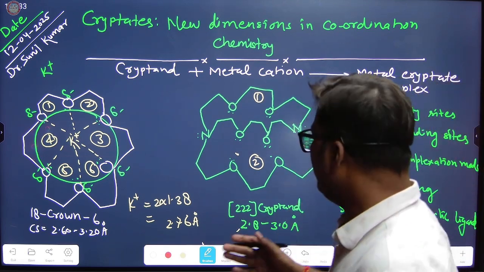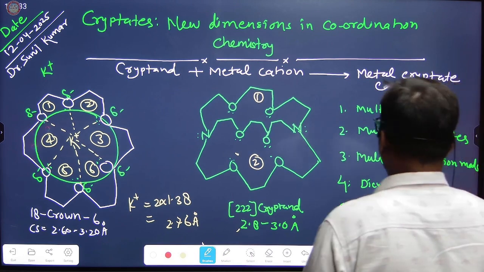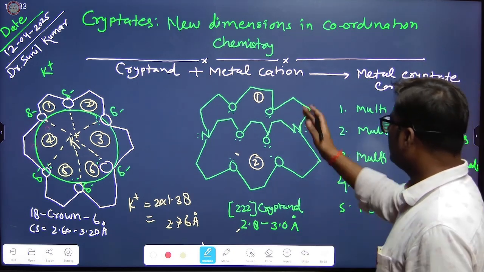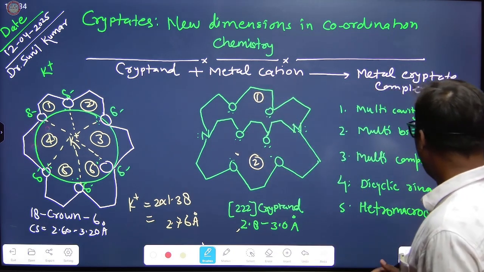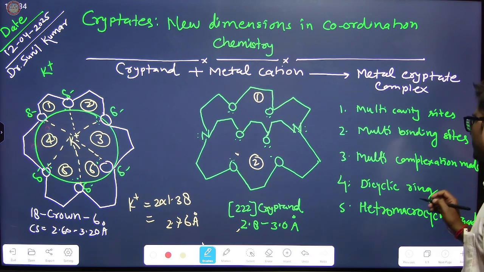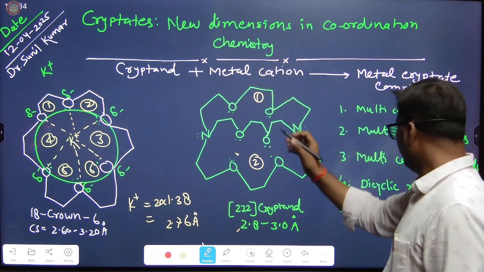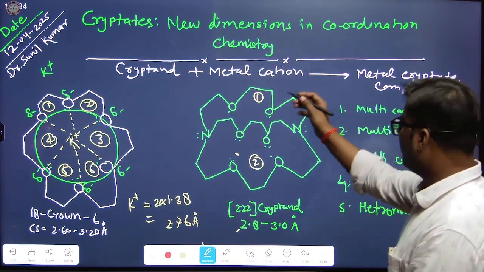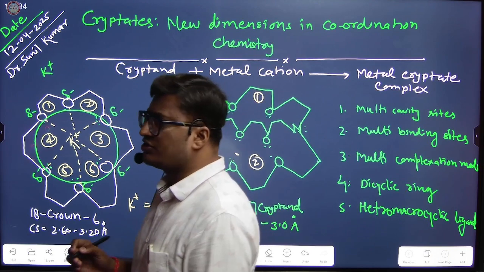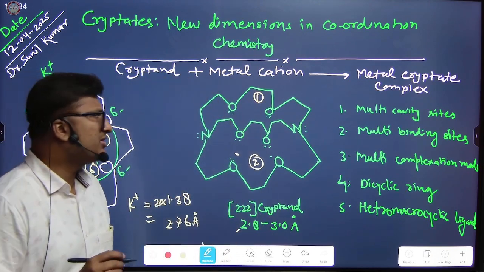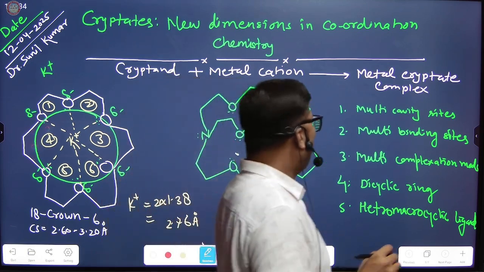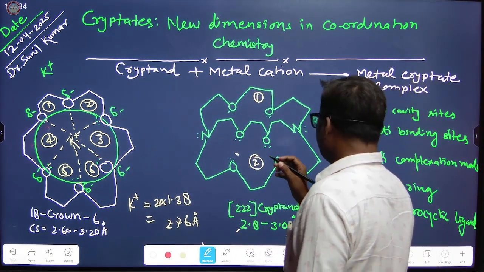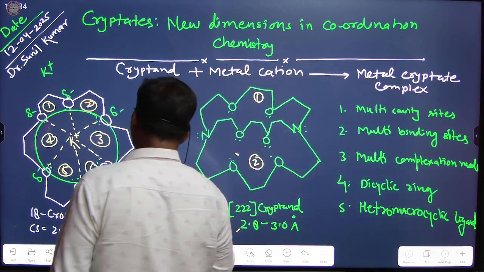So there are different types of complexation tendency with the metal cation in this structure, right? And it is actually a dicyclic ring, as I previously mentioned. Another one is that it is a heterocyclic ligand, because of the presence of oxygen, nitrogen, and carbons. And what other things are important in this structure?